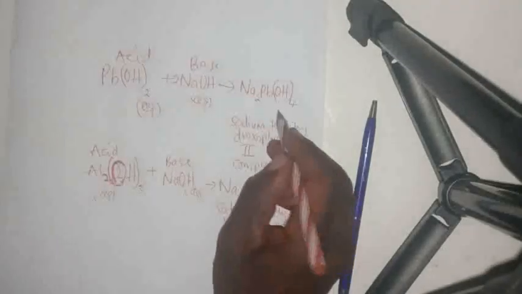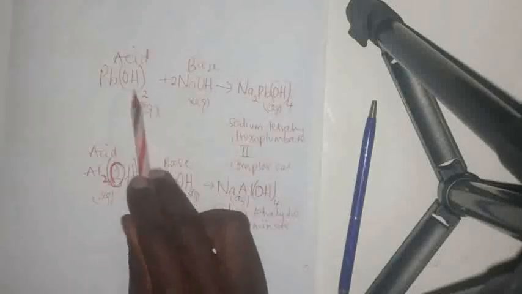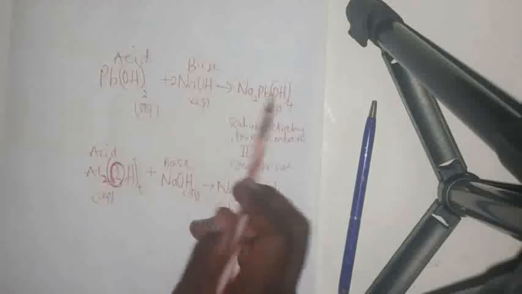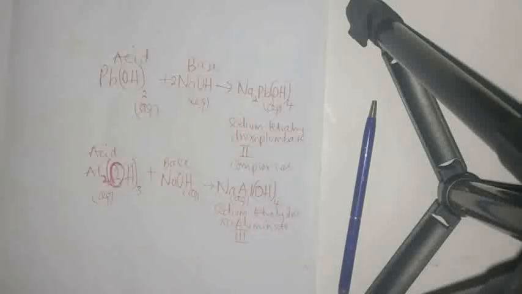So I can just put here 2 to balance the equation. 2 sodium atoms, 2 sodium atoms, so this is also aqueous. 1 lead atom, 1 lead atom, 4 oxygen, 4 hydrogen. And this one here, we also need to balance.